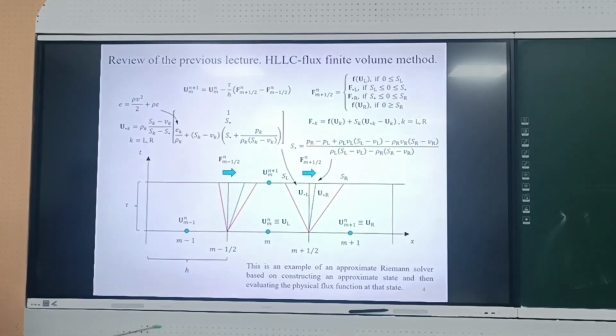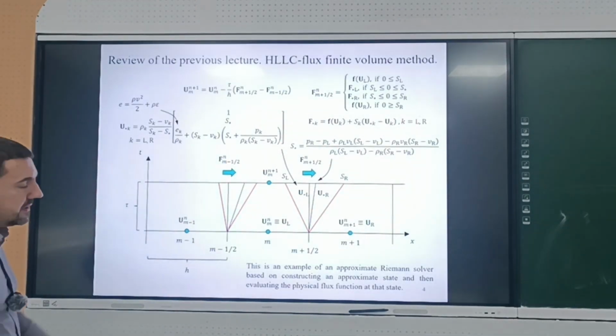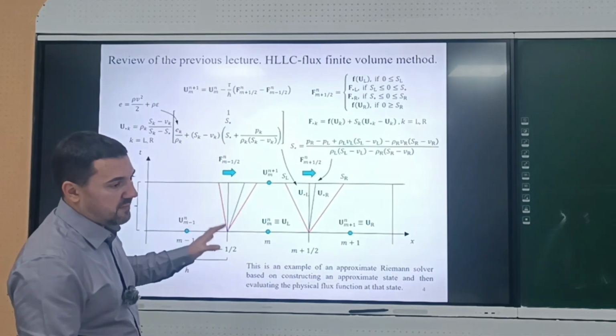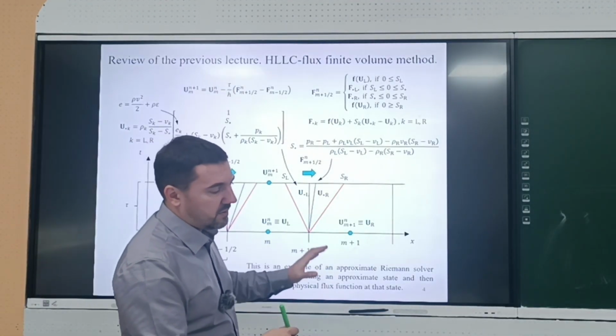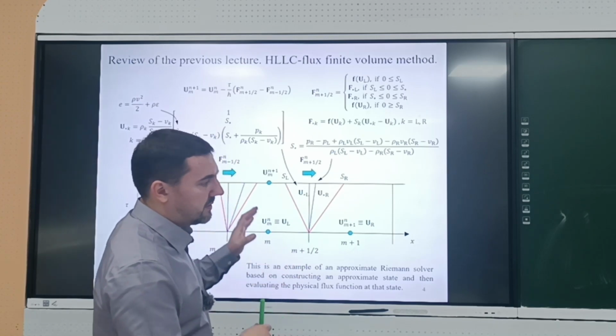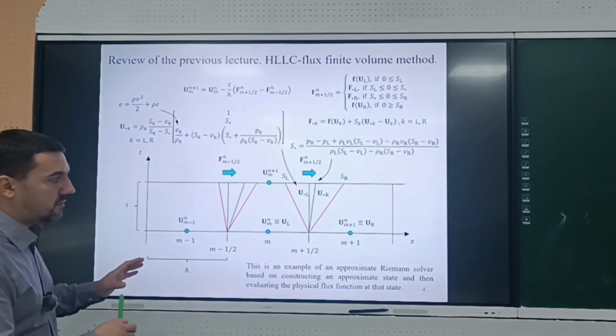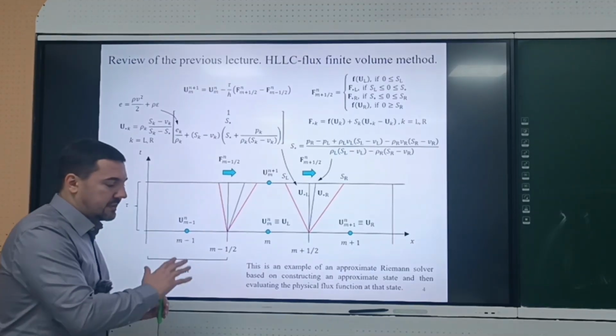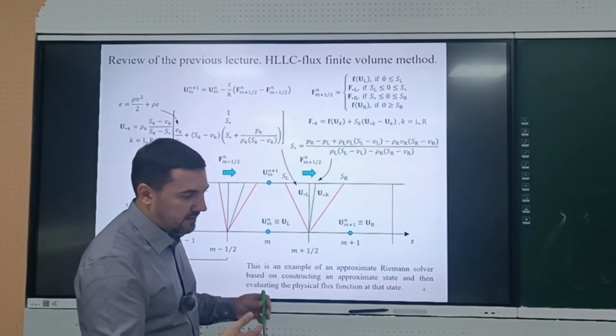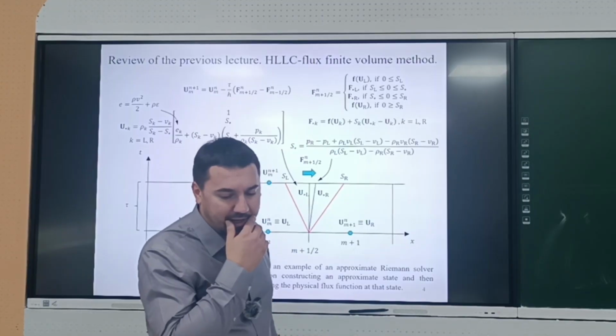This is the review of the previous lecture. This numerical flux is indeed implemented in a lot of solvers, open source software such as OpenFOAM and so on. We discussed the main ideas and how it can be constructed.